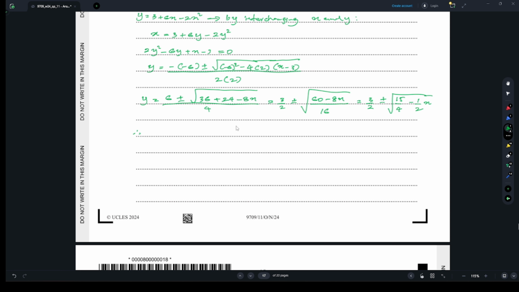Okay, therefore I can write y equals g inverse x equals 3 over 2 plus or minus the square root of 15 over 4 minus x over 2. Okay, so this is our answer. And then okay, we have to make the sketch.